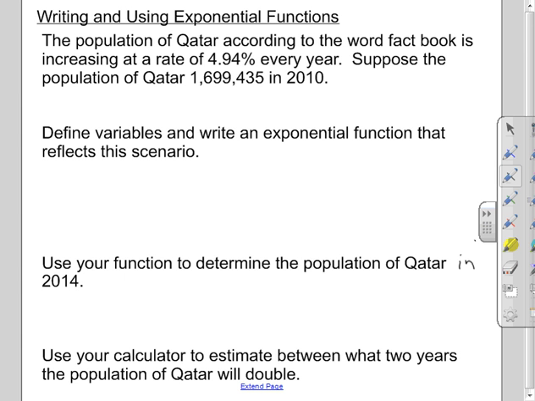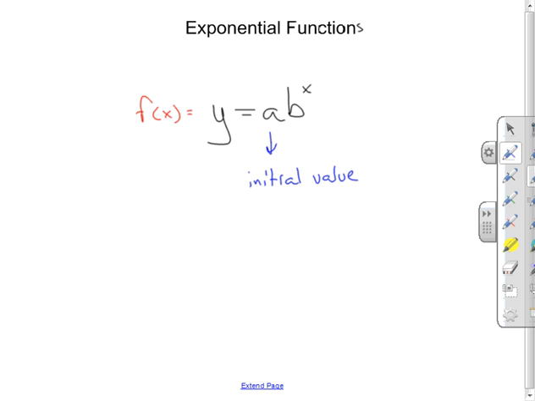Okay? So, just briefly going to hit a little information about exponential functions. Exponential functions all take the form y equals a b to the x. You could also say f of x, for function notation, equals this. A couple things you need to recognize with this standard form is that a is the initial value of what is being studied. b is considered to be the multiplier.